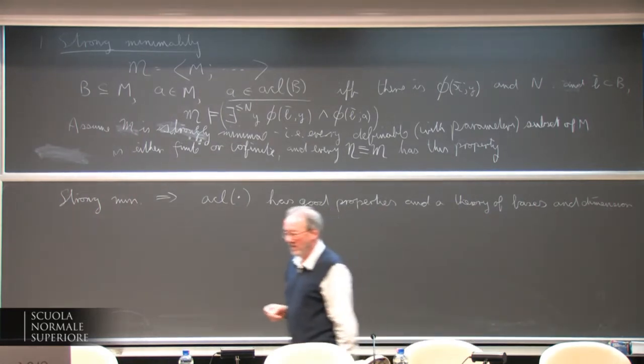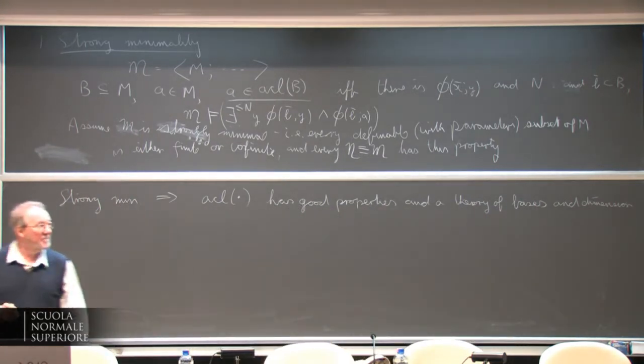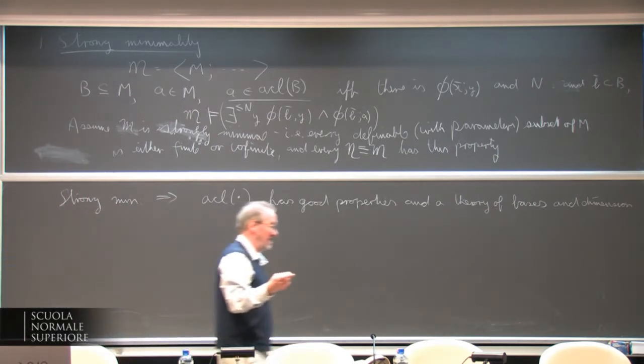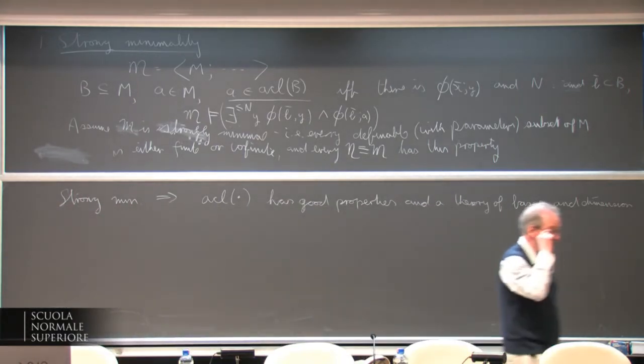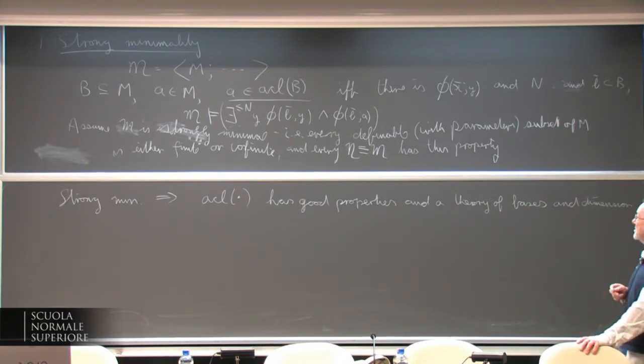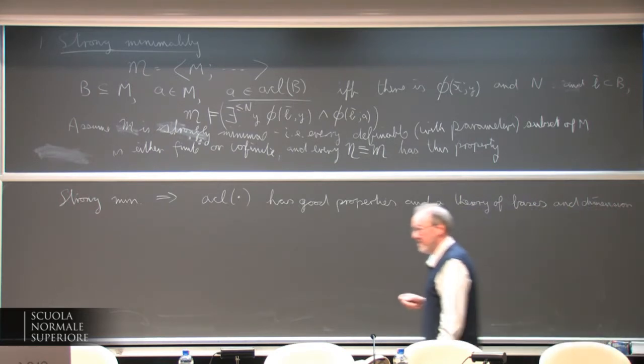So if we assume the structure is strongly minimal, then one can prove, for example, that there is a good notion of dimension of a structure, which in the case of vector spaces corresponds to linear dimension, in the case of algebraically closed fields corresponds to transcendence degree, and the dimension of a structure determines it up to isomorphism.